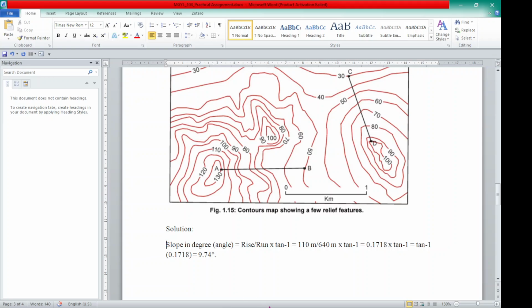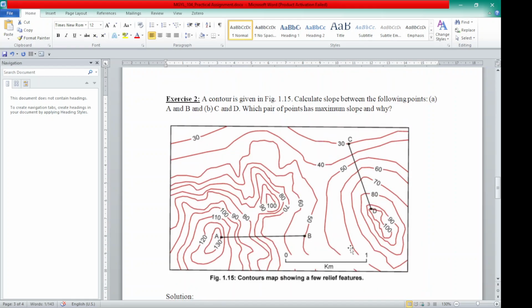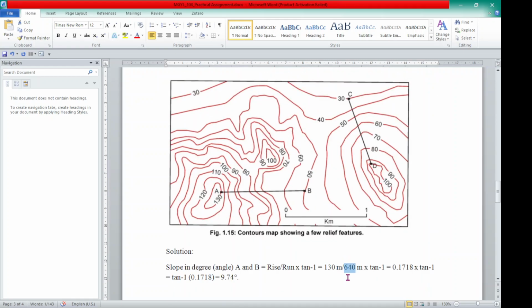For A and B, A is 130 and run is 1 kilometer. 1 kilometer means we will have to convert it into meters. So this becomes 1000 meters.